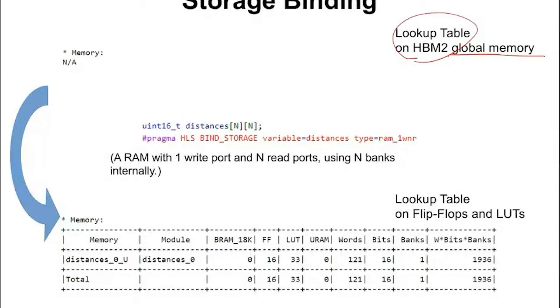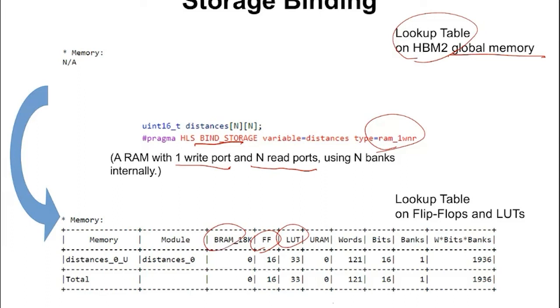So a pragma bind storage is added to instruct the compiler to use a RAM with 1 write port and n read ports, using n banks internally to create a memory. We use flip-flops and lookup tables as the memory. It doesn't even use block RAM.